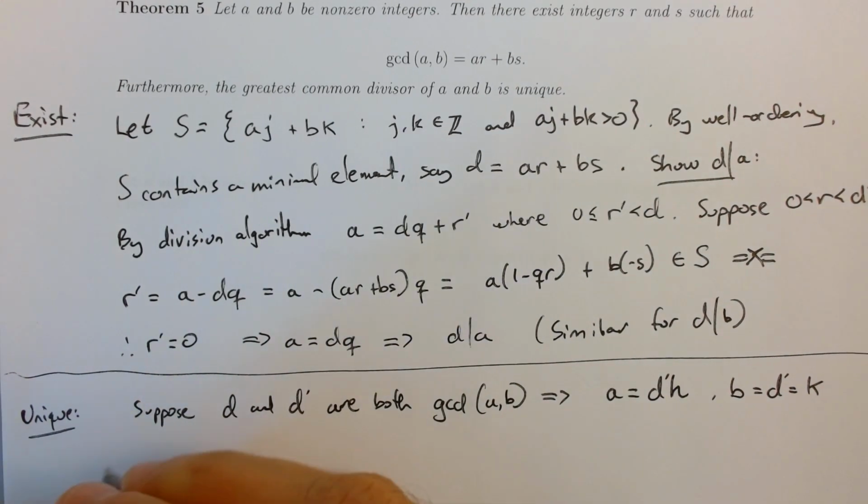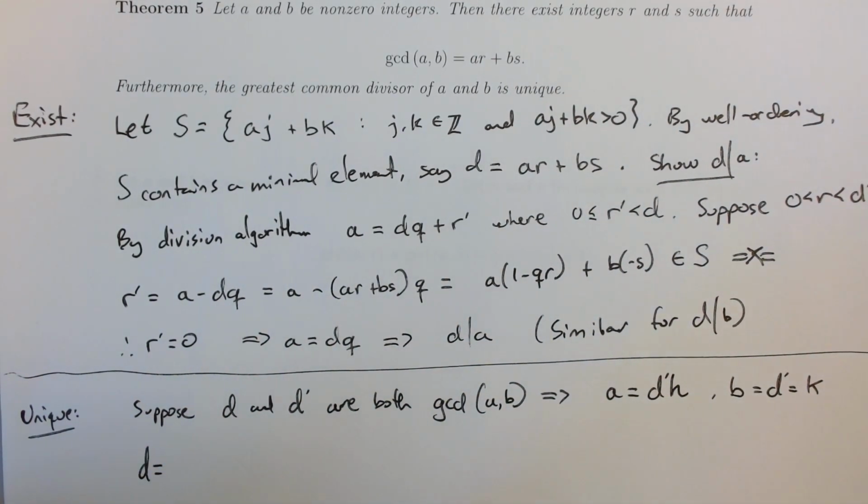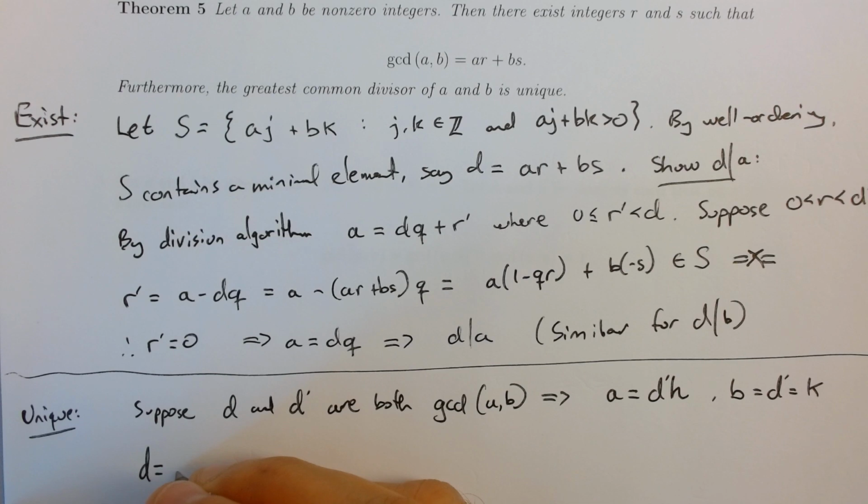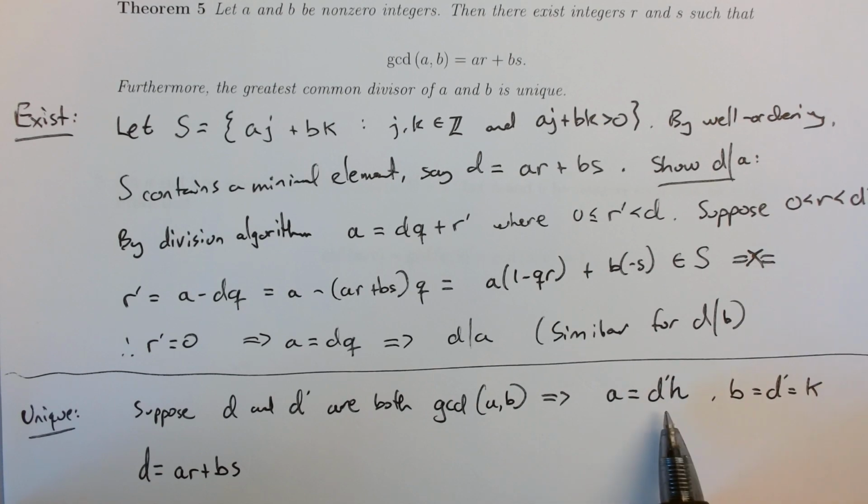Now, coming back to D, we know what D looks like. We just showed the existence of this linear combination. So D looks like AR plus BS. But now I can replace the A and B in here by these two.